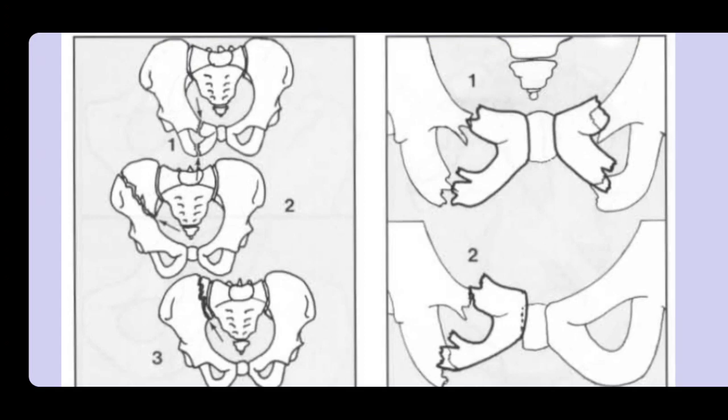In some cases there may be complications such as injury of the urethra, but usually these fractures are treated with bed rest for a 6-week period.